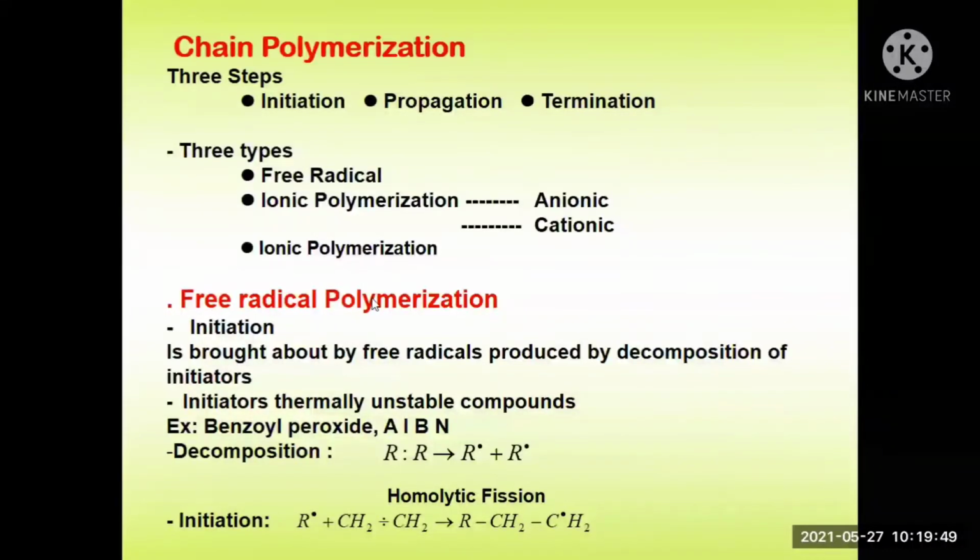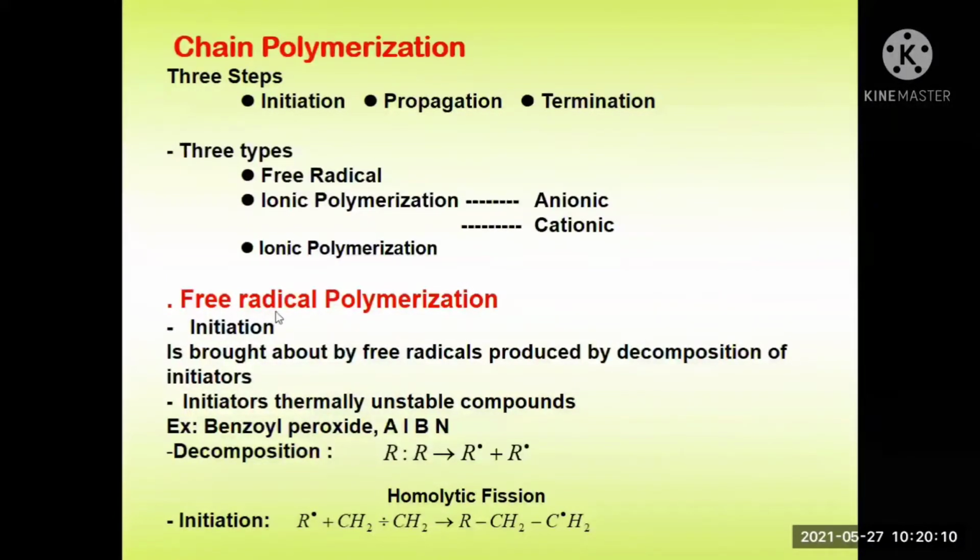Free radical polymerization takes place through three different steps. The first one is called initiation, the second step is propagation, and the third step is termination.